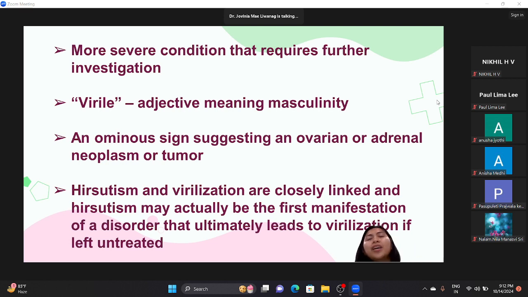Hirsutism and virilization are closely linked. Hirsutism could be the first manifestation, then ultimately it will lead to virilization if left untreated.